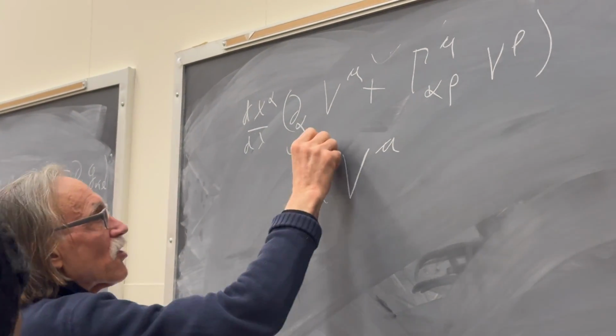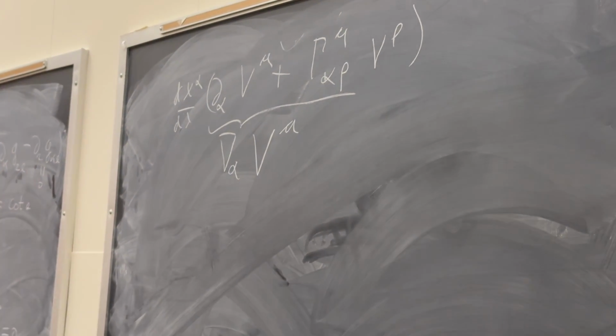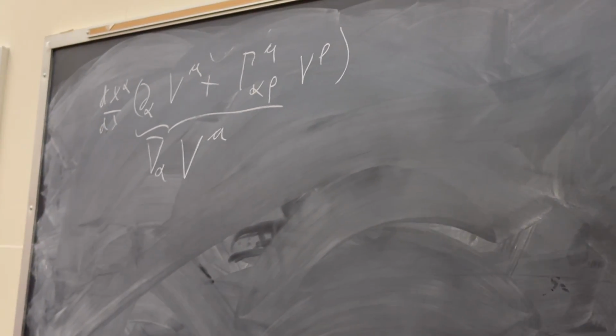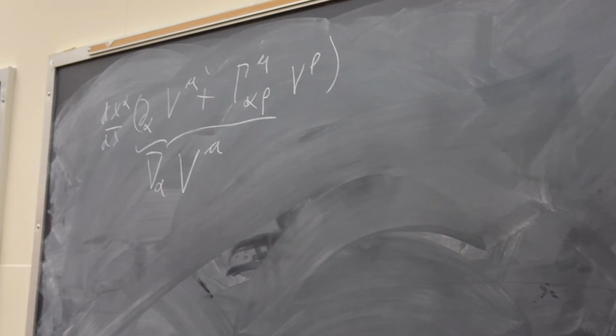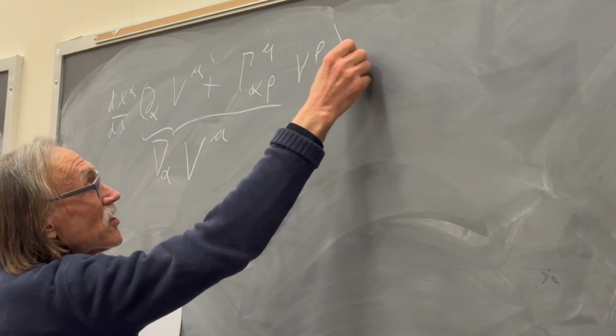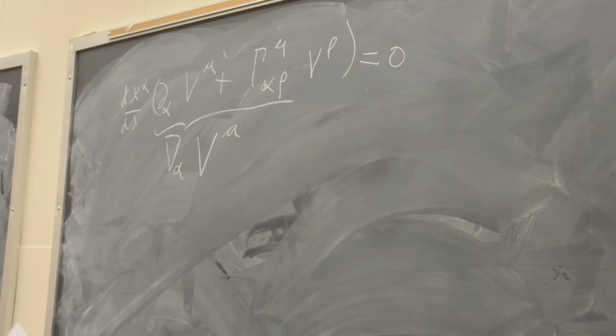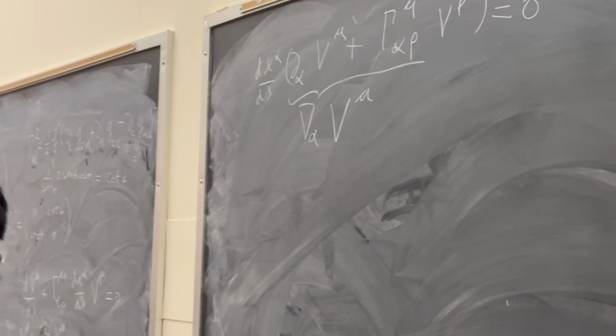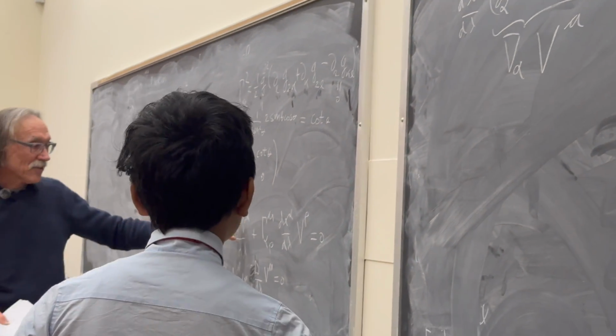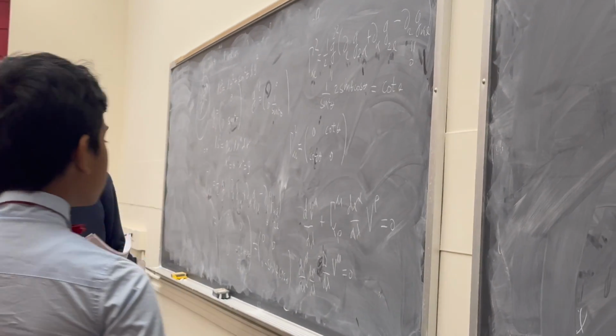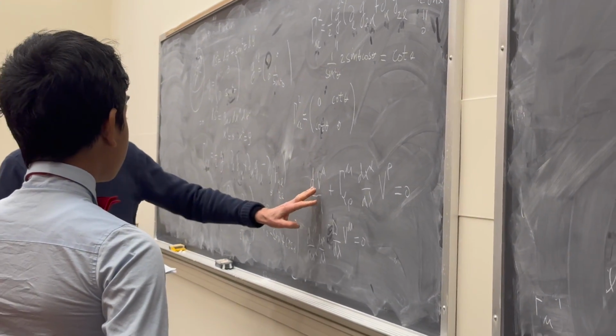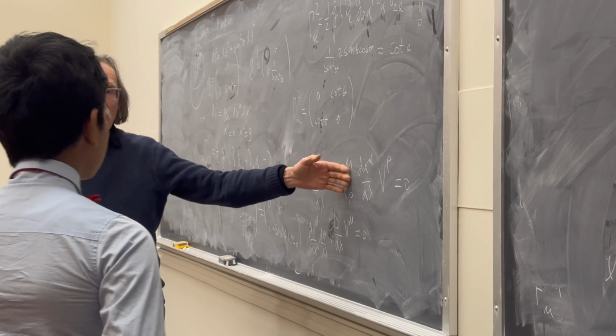That is this combination. That was the covariant derivative. And parallel displacement means, in fact, that nothing has changed. So this is equal to 0. So now we are going to find out what that means for a vector. And so that means we have to kind of solve this equation.